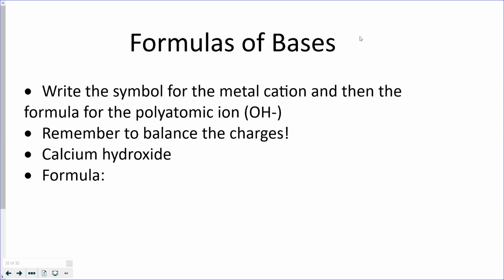So another one that we might come across is calcium hydroxide. Calcium is Ca. It's in group 2A, so it has a positive 2 charge. Hydroxide is OH negative. So when we crisscross, calcium does not get a subscript, but the hydroxide, the OH, there are 2 of them, so we have to put it in parentheses.